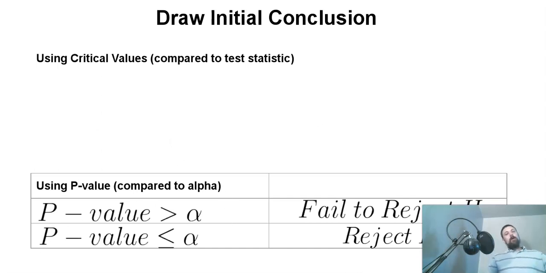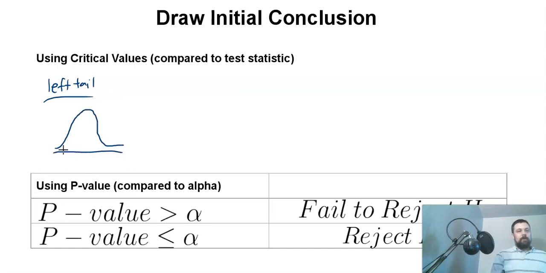So how do we draw our initial conclusion? You can either use the critical value and compare that to the test statistic to decide whether you should reject or fail to reject, or you can use the p-value, comparing that to alpha, to make that decision. For the critical value, I'm going to map this out here. For a left tail test, your critical value will be in the left tail.